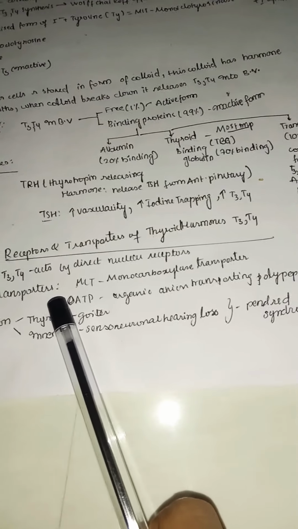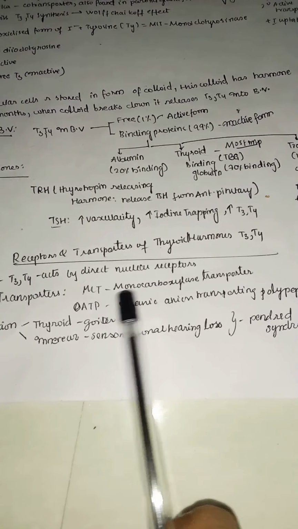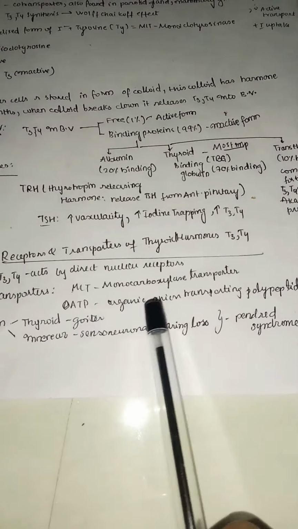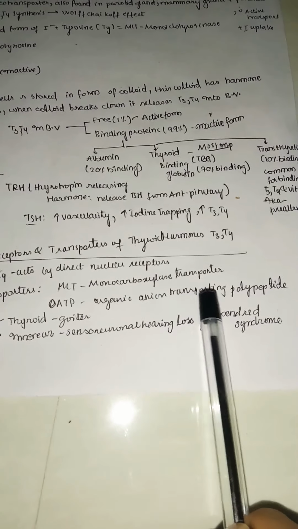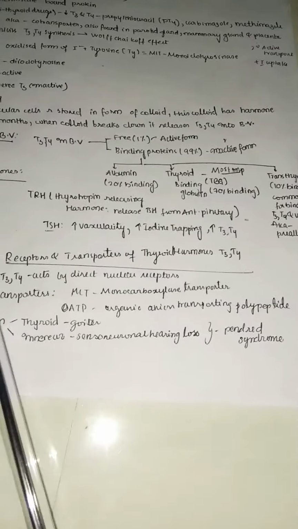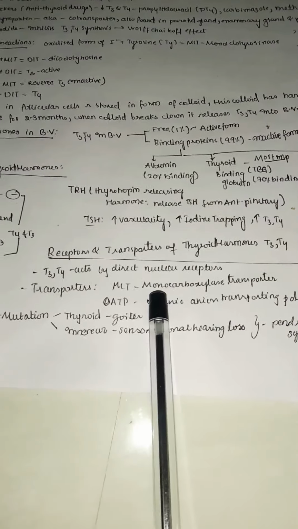Mainly there are two types of transporters, that is MCT and OATP. MCT is monocarboxylate transporter, and OATP is organic anion transporting polypeptide. By means of these two proteins, T3 and T4, especially our T3 which is the active form, enter into the cell and act on its nuclear receptors.